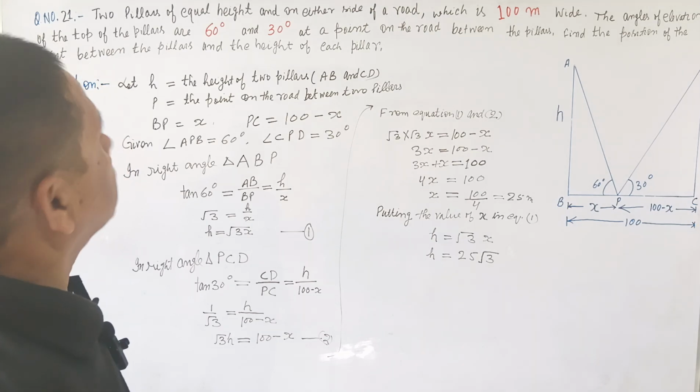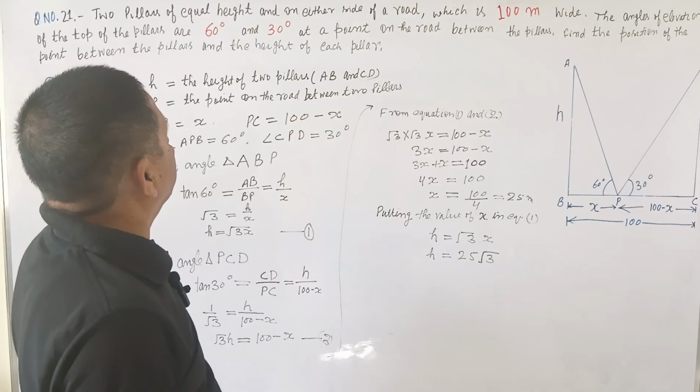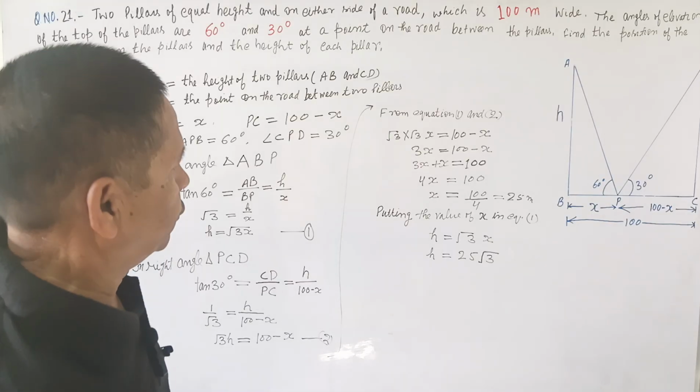So these are the two answers: the position of the point between the pillars and the height of each pillar.